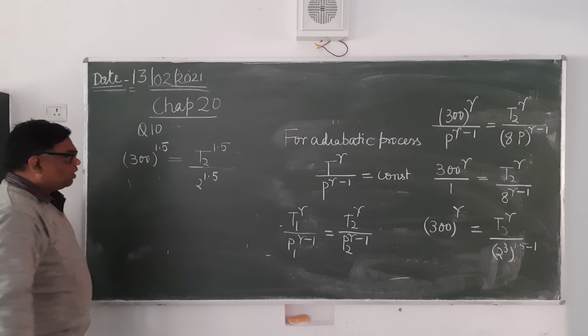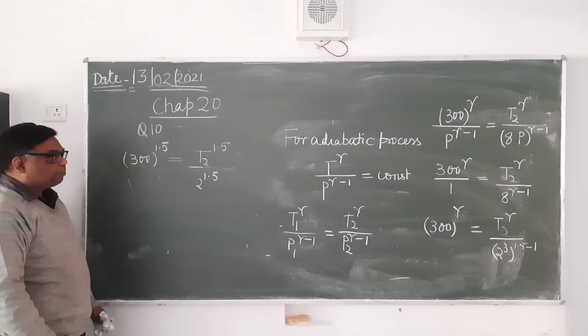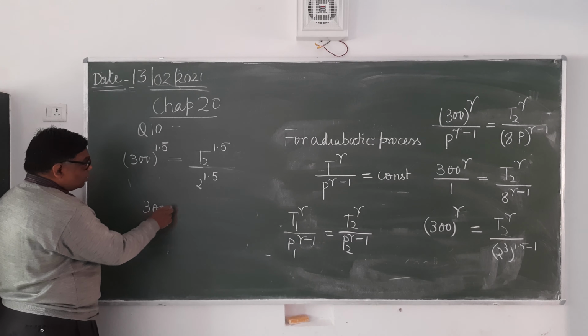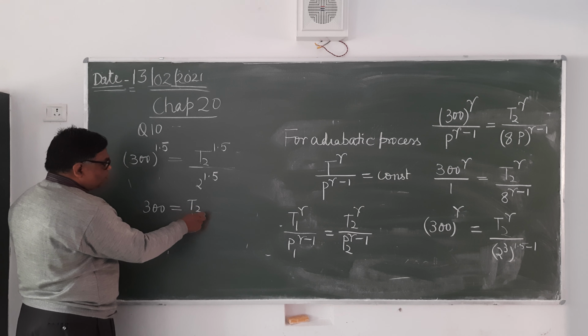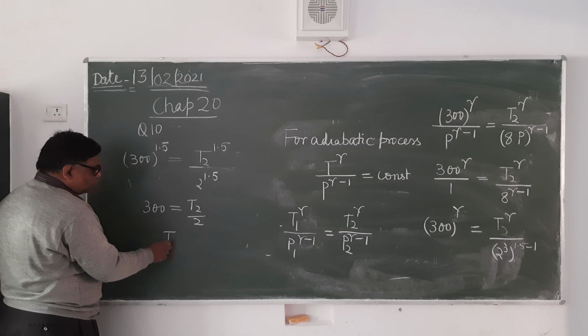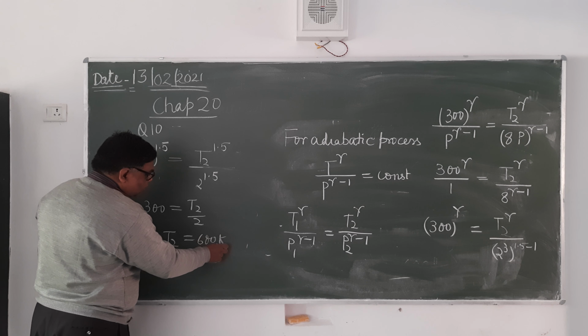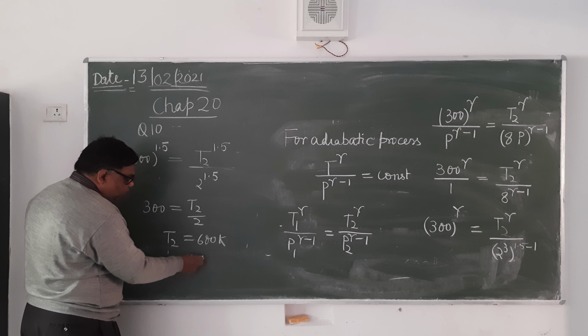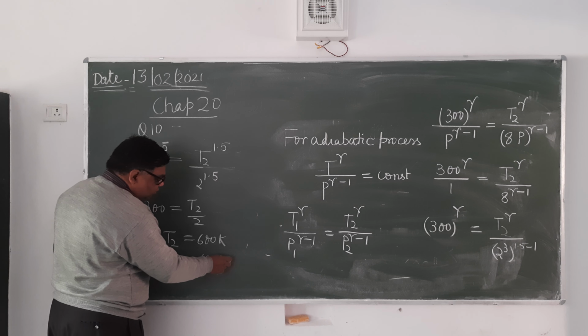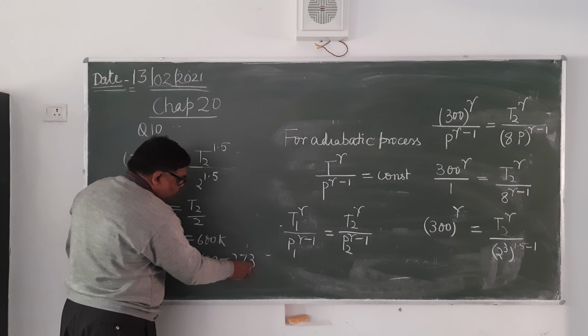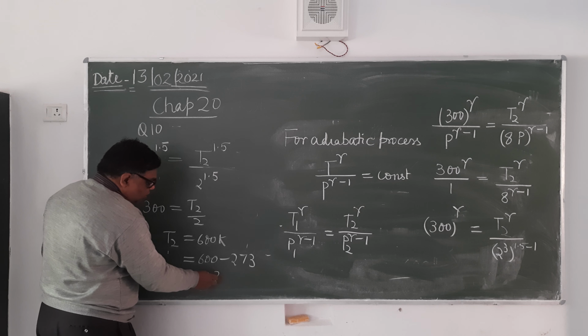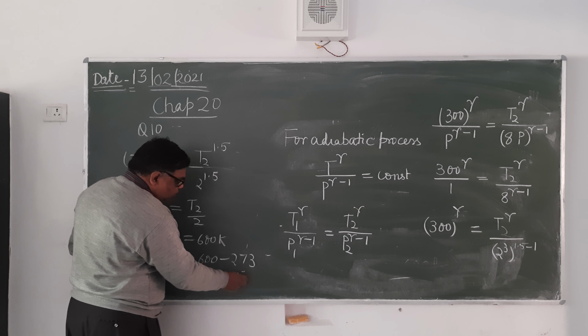Now you can see everywhere the power is 1.5, so you can remove the power. 300 equals T2 upon 2, so T2 equals 600 K. In degree Celsius it will be 600 minus 273, that is 327 degrees Celsius.